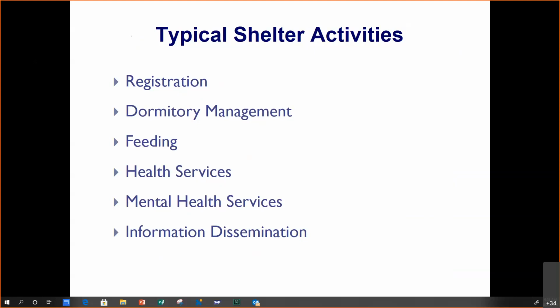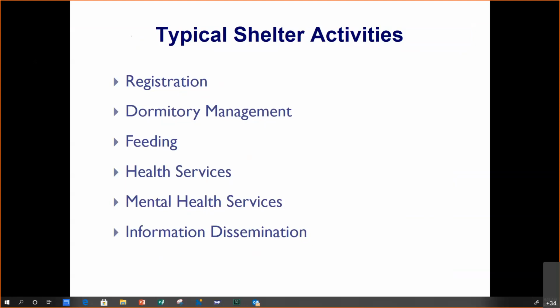The health and human services, the health services, is usually the public health nurse. However, sometimes it may be a Red Cross nurse. Like Sherry said in the previous slide, it may be a combination of individuals in the health services section, as well as in the mental health services.